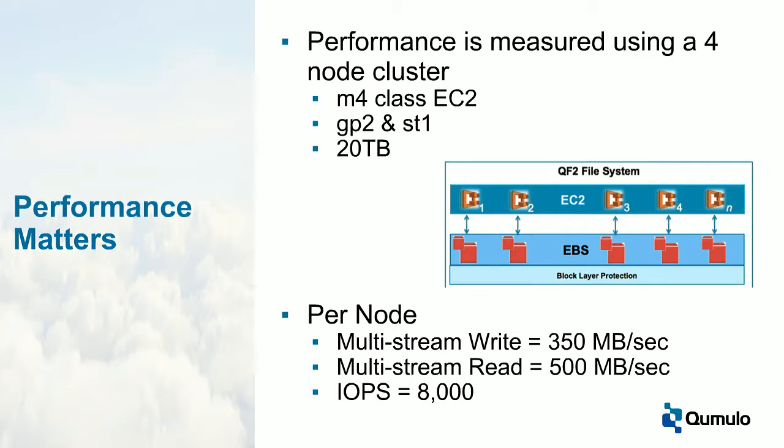So they have a 4-node cluster that they run inside of AWS. Each of those nodes is 5 terabytes, so they have a total of 20 terabytes of raw storage inside.